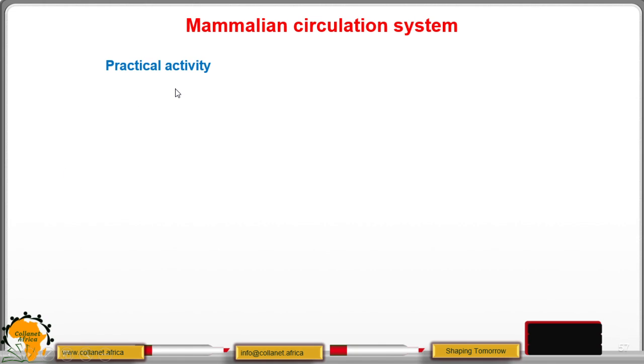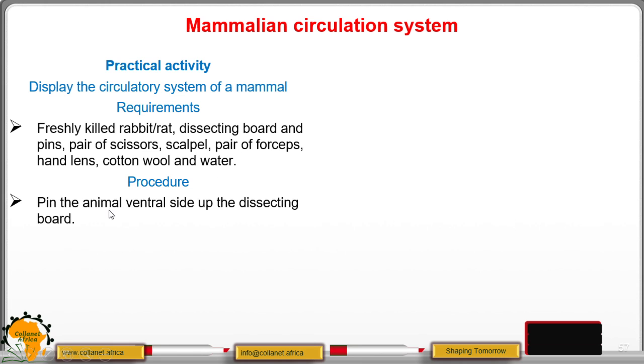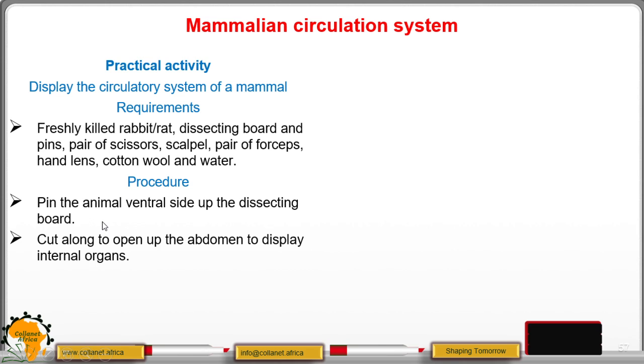So we have a practical activity you can carry out, that is displaying the circulatory system of a mammal, where we need a freshly killed animal like a rabbit, and then a dissecting board, pins, and all these apparatus. Then the procedure is to pin the animal so that the ventral side is up on the dissecting board.